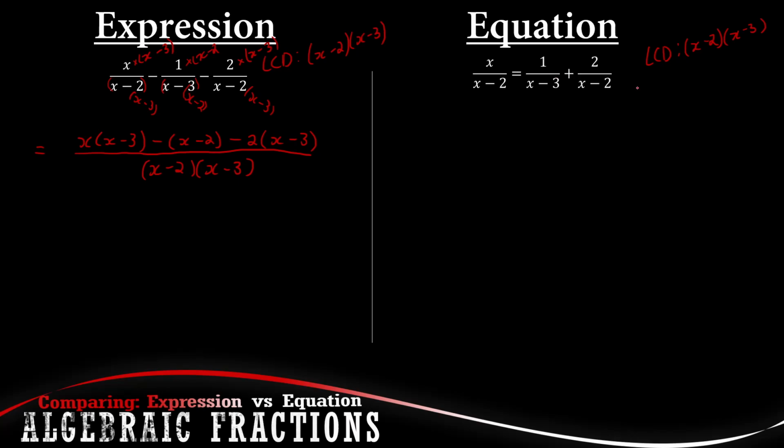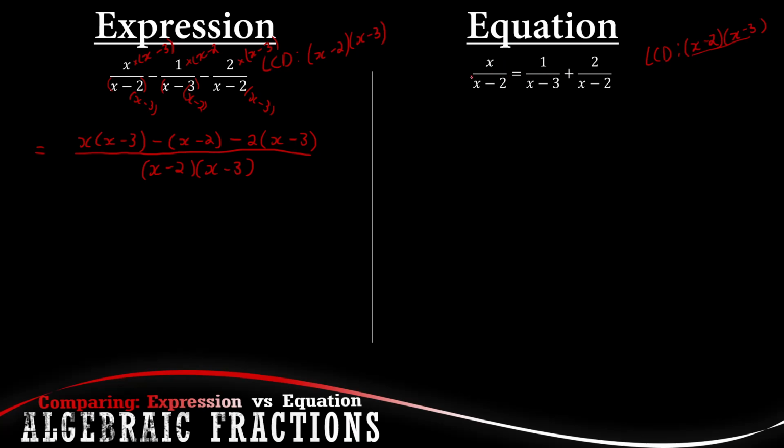You can either go the fast way and basically multiply through everything with the lowest common denominator, because what you do on the one side of an equation, you have to do on the other side. So we can go ahead and multiply through, but I'm going to do the one that has just an extra step in, where I'm also going to put everybody over the lowest common denominator.